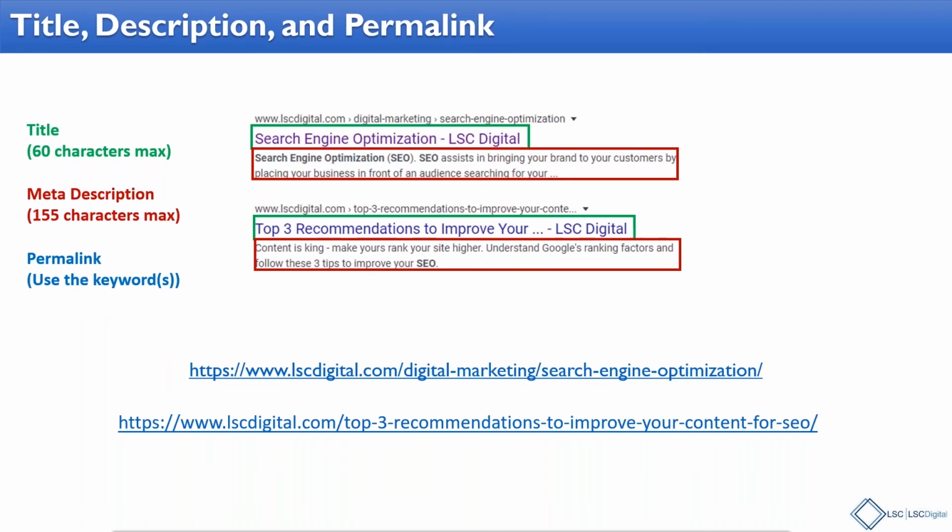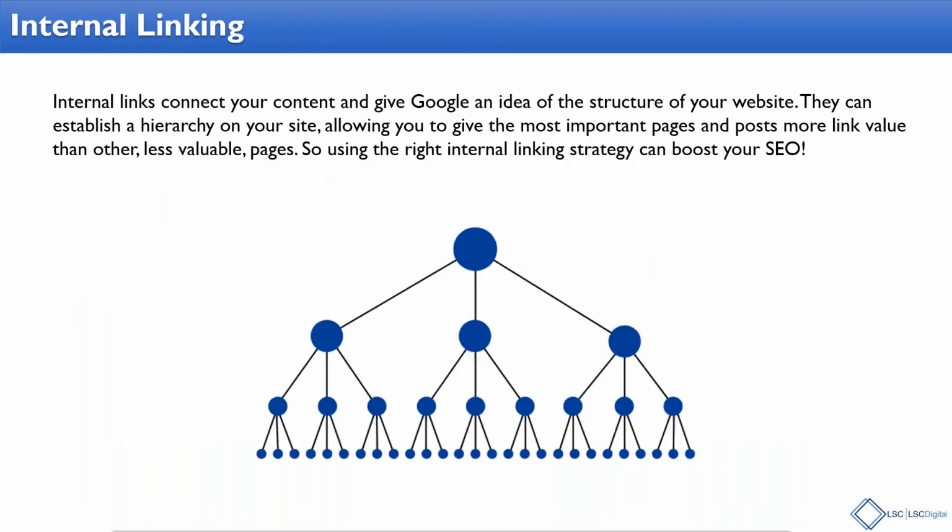Okay. Now, the next part you should also be thinking about before you even start writing the article is the internal linking of the site. What other pages within your website are you going to link to in this article? And this is important.